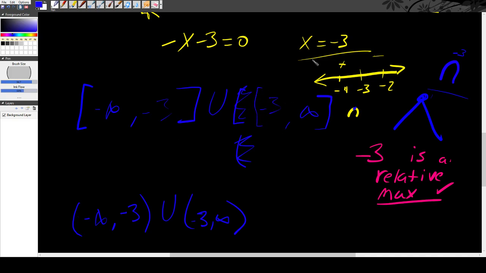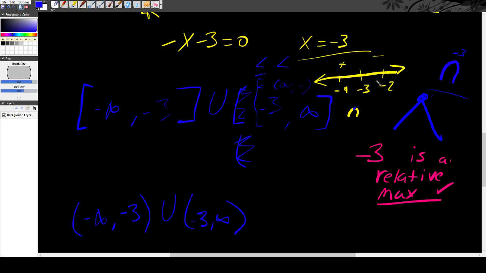This is wrong because these brackets indicate that it can be that value. It's essentially like a greater than or equal to versus a greater than. Using parentheses as your interval, it can't be equal.